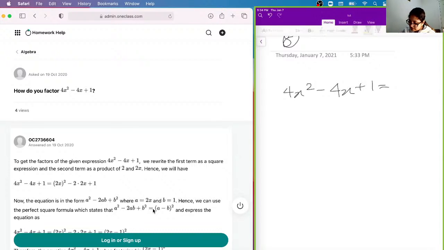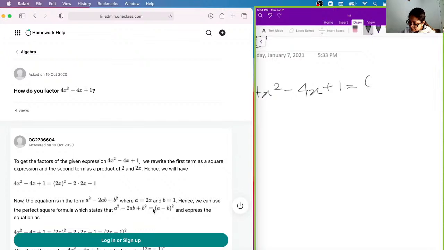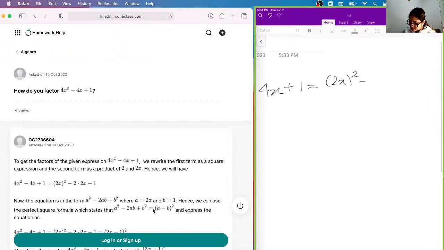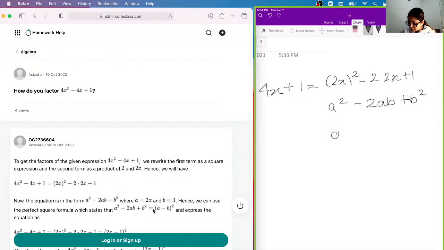And so what we mean by this is that we can express 4x squared as 2x squared, minus, and we can express 4x as 2 times 2x, plus 1. Now as you can see, this is in the form of a squared minus 2ab plus b squared, where a is equal to 2x and b is equal to 1.